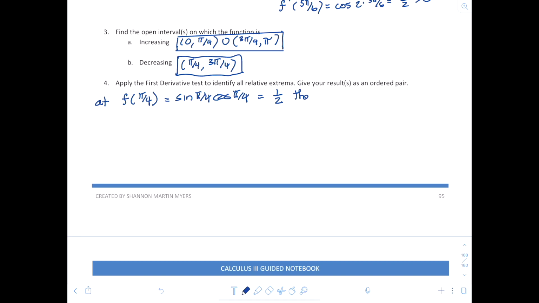There's a relative max, so the ordered pair would be there's a relative max at pi over 4, comma 1/2.